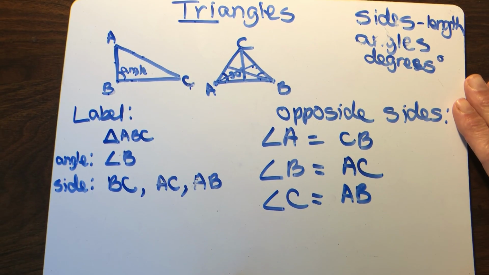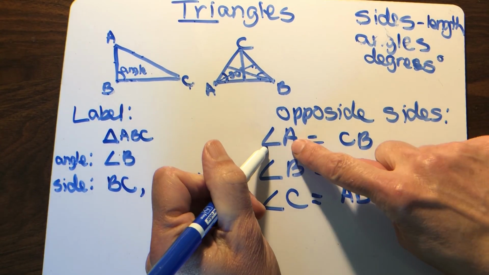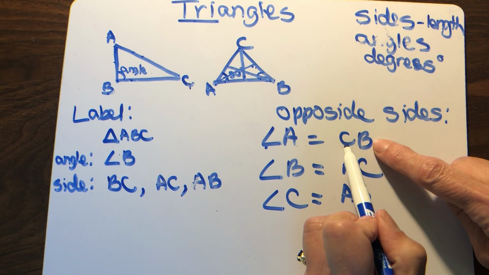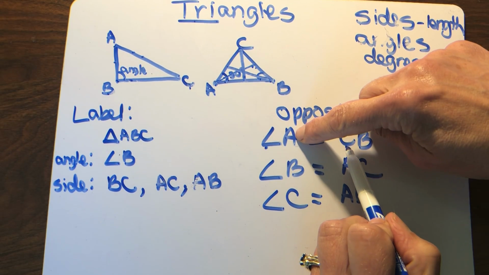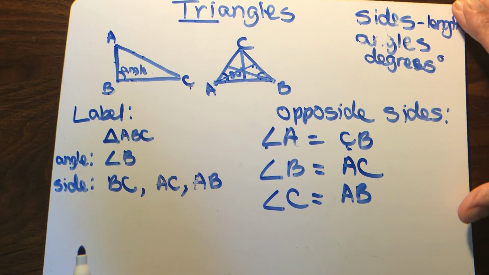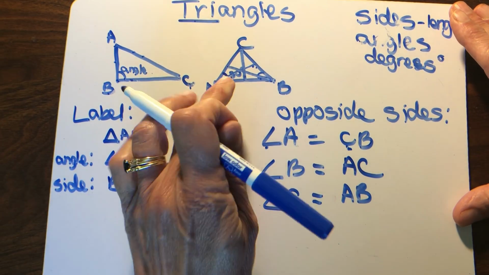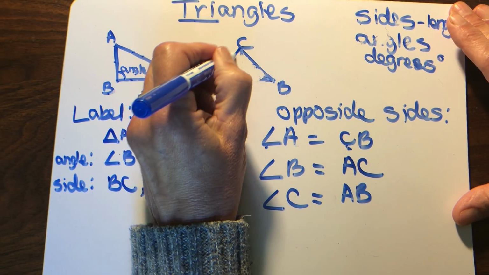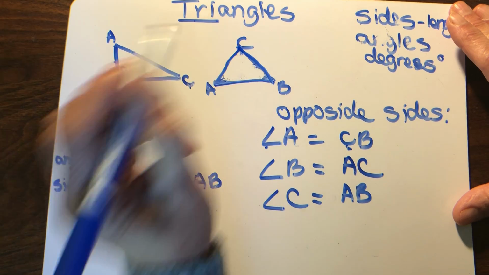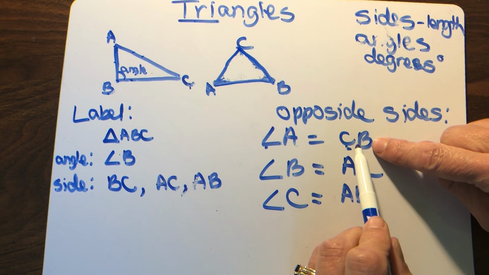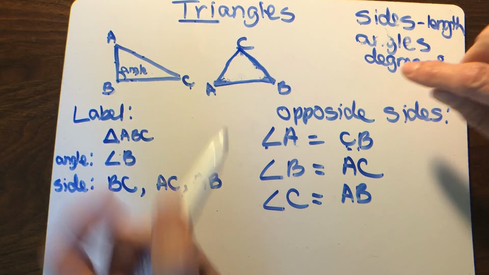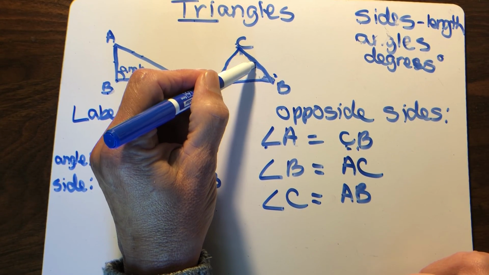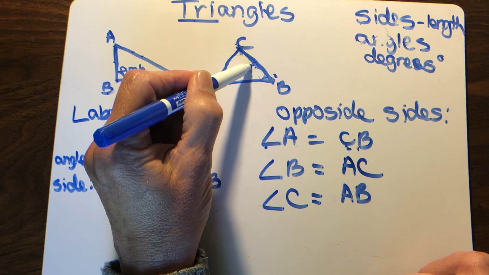Now what if I give you the side and I want you to give me back the opposite angle? So let's just erase our stuff right here. All right, so here's your triangle. If you've got CB, how do you get back to angle A? So here's CB, kind of start in the center and pretend like you're watching the video on the rewind, going backwards.